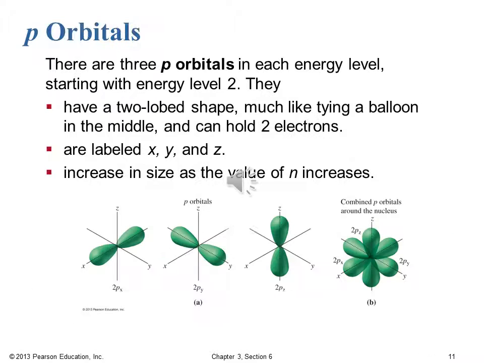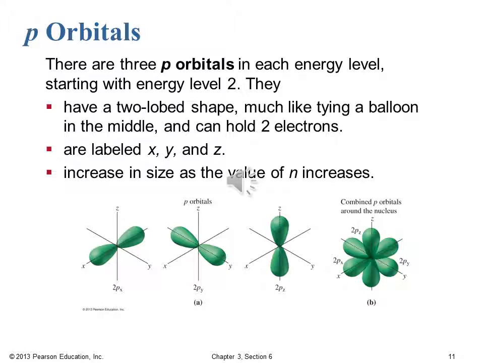If we now consider the next orbital type, the p orbitals, there are 3 p orbitals, and they start in principal energy level 2, and then every level 2 and beyond has those p orbitals. They're a 2-shaped lobe, like tying a balloon in the middle, and you have density on either end.